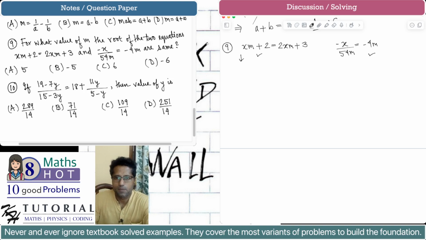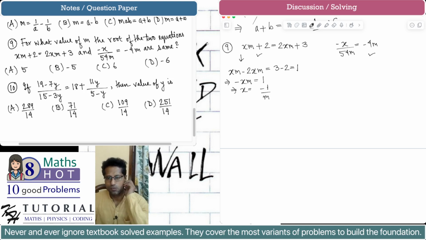If we bring the x terms to the left hand side, we get xm minus twice xm is equal to 3 minus 2, which is equal to 1. This implies minus xm is equal to 1. This implies x is equal to minus 1 by m.